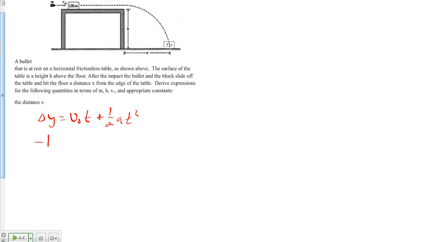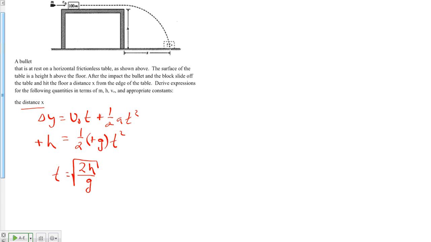Change in y is down h. Initial velocity in the y is nothing. 1/2 negative g times t squared. Positive. So time is the square root of 2h over g.